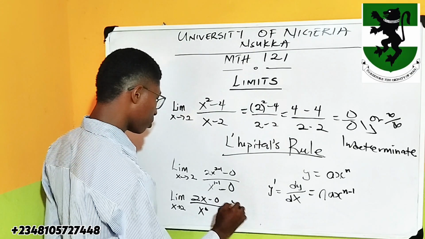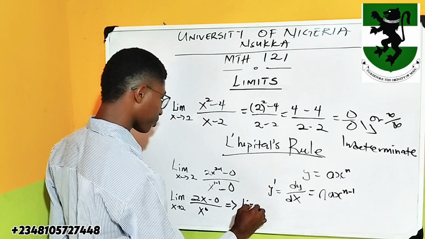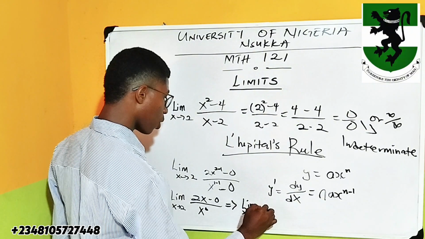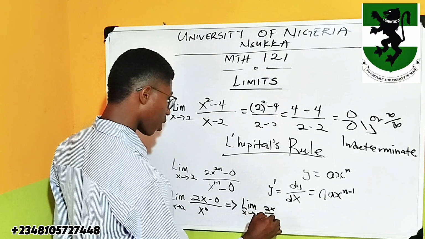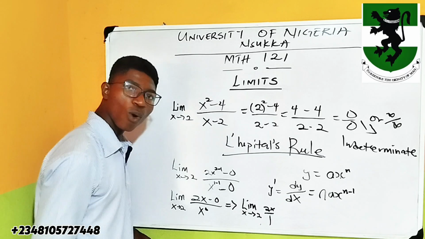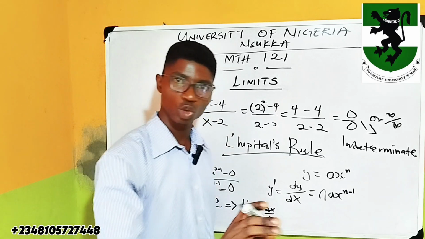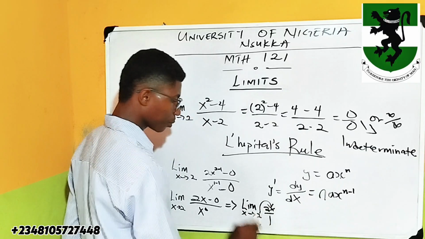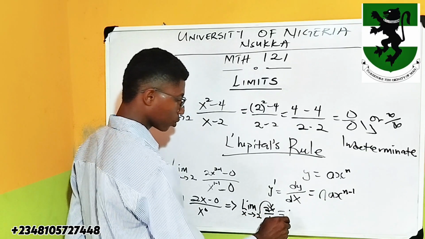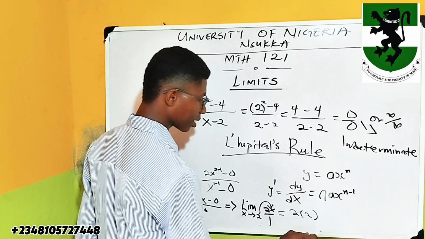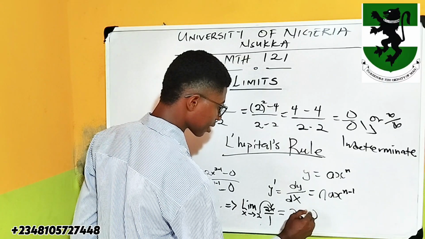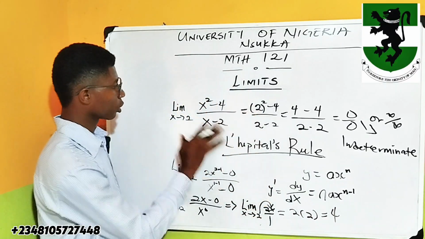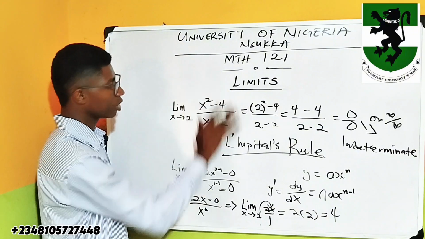So this gives me limit as x approaches 2 of 2x over 1. We can now go on with direct substitution. We substitute 2 into this expression here. So we have 2 times 2, hence our answer is equal to what? 4. This is the solution of this limit question.